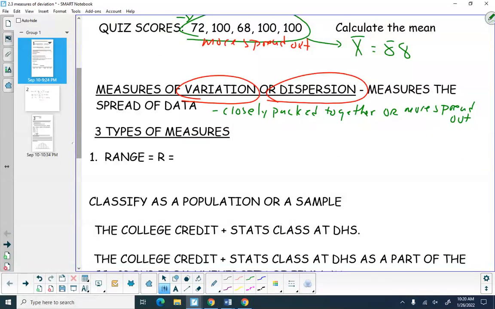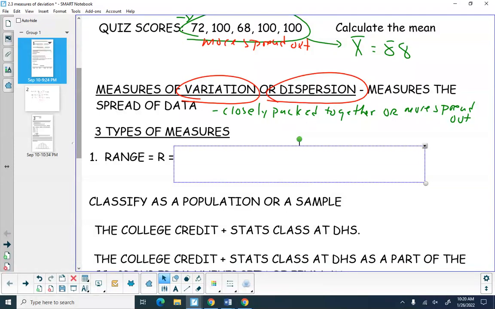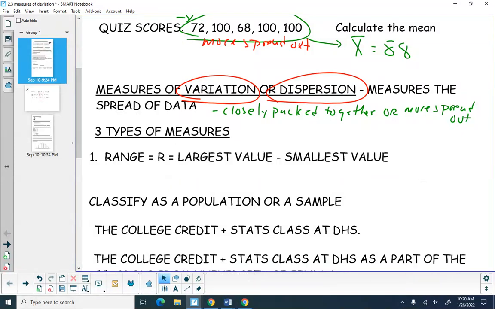Ways of measuring this, the first one is the range. When we take the range, this is the easiest one. You just take the largest test value and you subtract off the smallest value. That is the range.